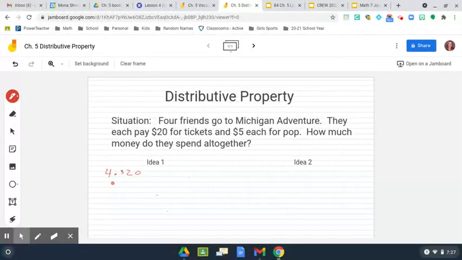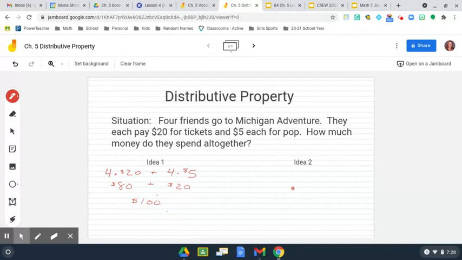Which means you and your friends are spending $80 on tickets. And then you're thinking, okay, well, again, there's 4 of us. Each pop is 5. So that means we're spending $20 just on pop. Well, add those together, right? 80 plus 20. You're going to spend a total of $100. Again, that's a pretty good deal. So, yep, that's typically, I think, how you would process that problem.